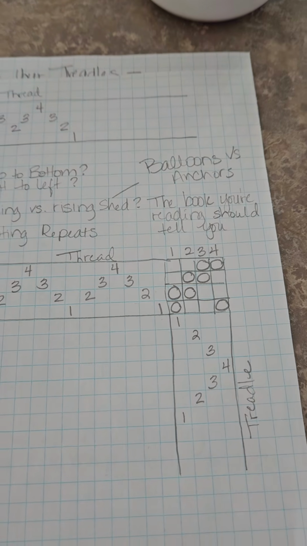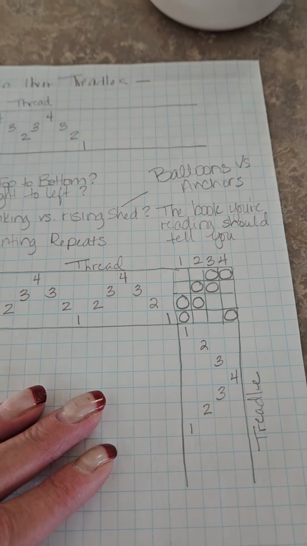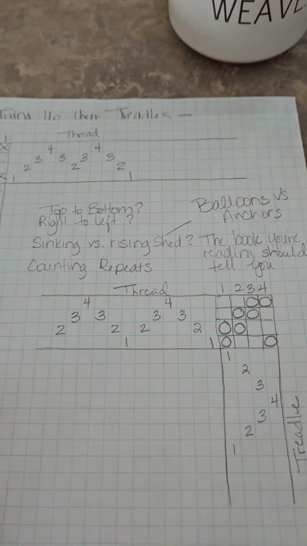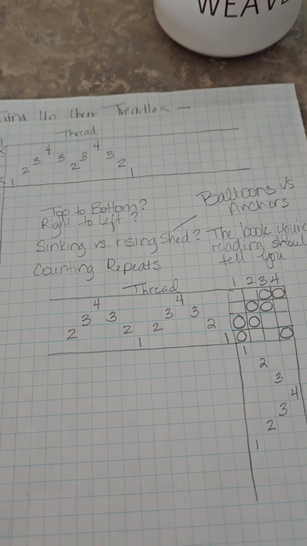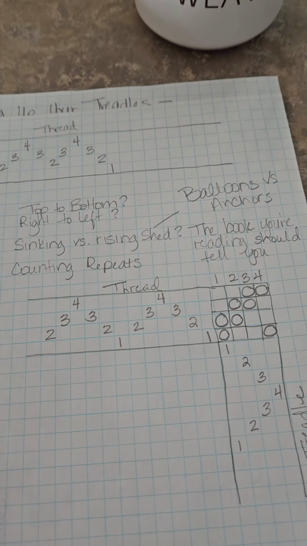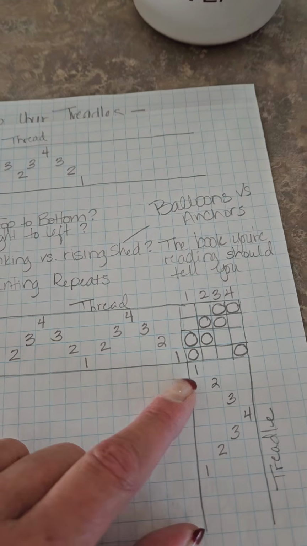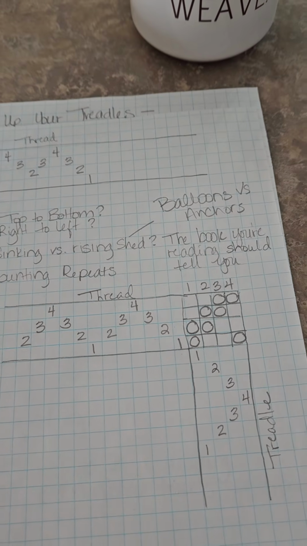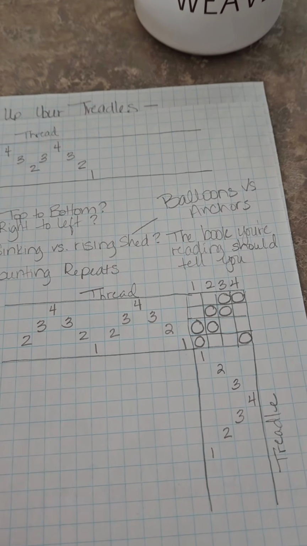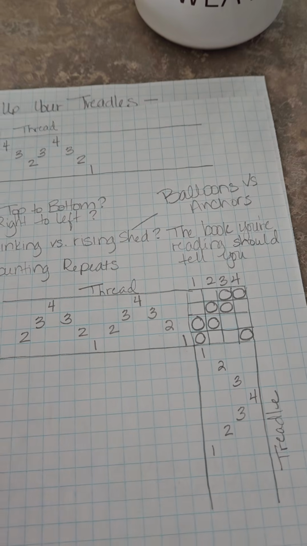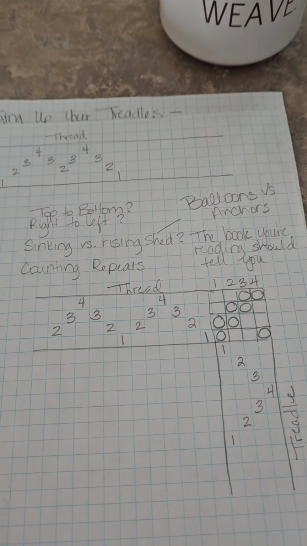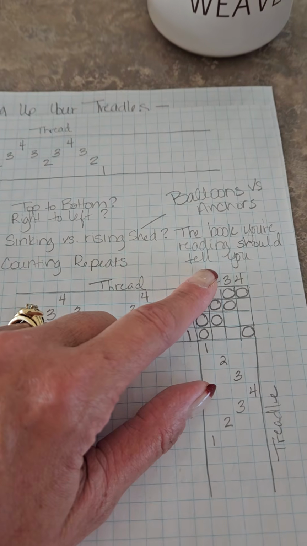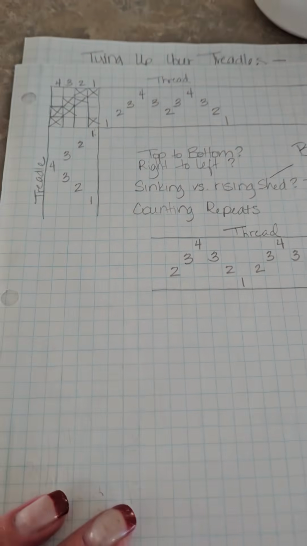It doesn't, except that in some patterns, it looks different from the front side to the back side. The fabric is the same. It's just going to be upside down on your loom. If you have a sinking shed loom, when you press the pedals, the shafts go down. If when you press the pedals, the shafts rise, they go up, that is a rising shed loom. But the book you're reading should tell you how the patterns are written, okay?